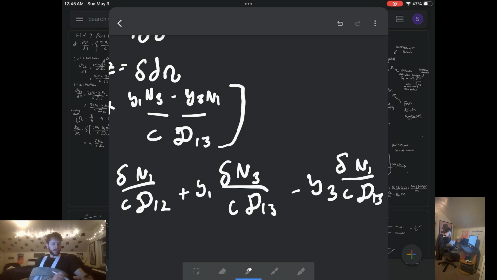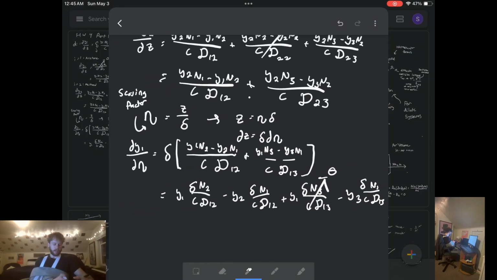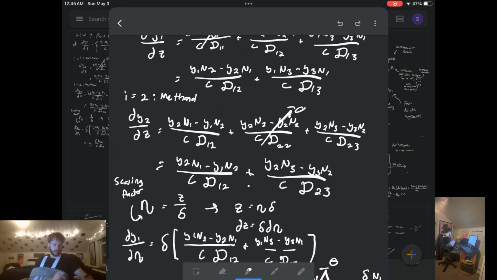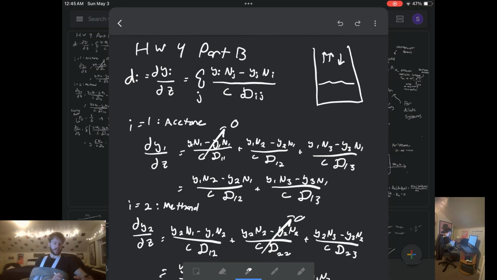Now this term goes to 0 because our air doesn't have any flux. Since it's going down here, it's being forced down. It's only reactive to the flux going up since it has nowhere to go down.